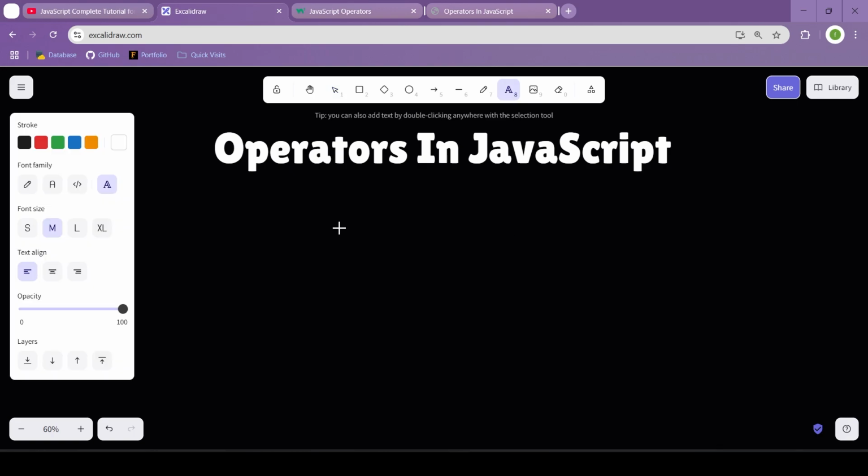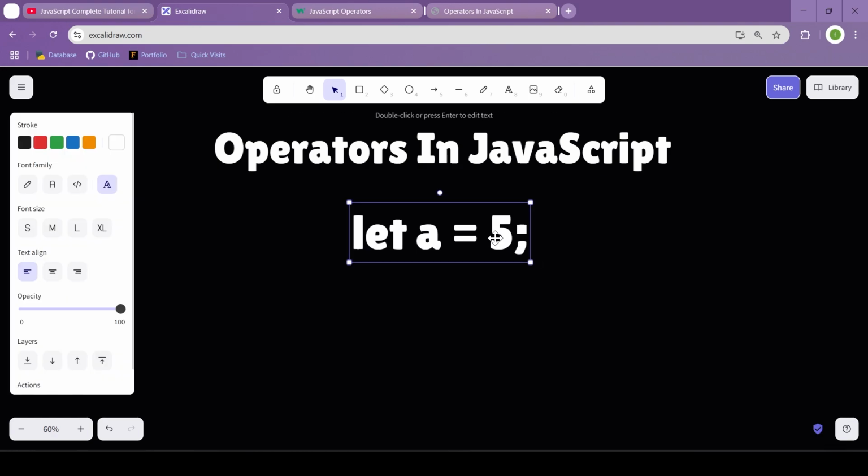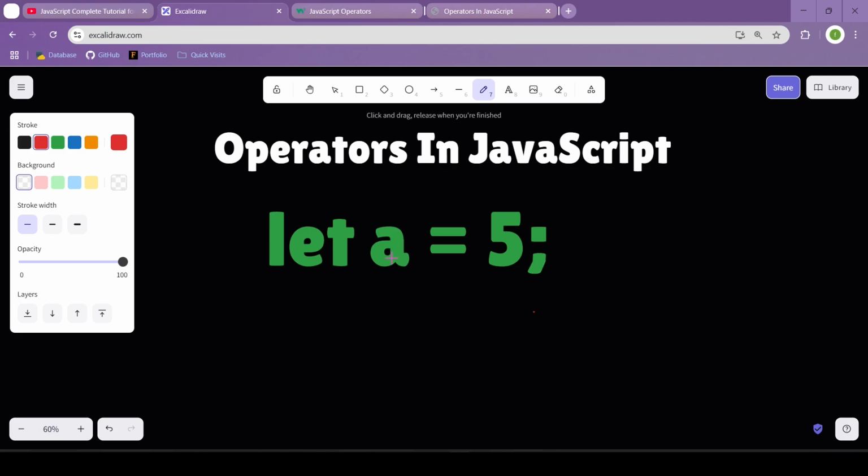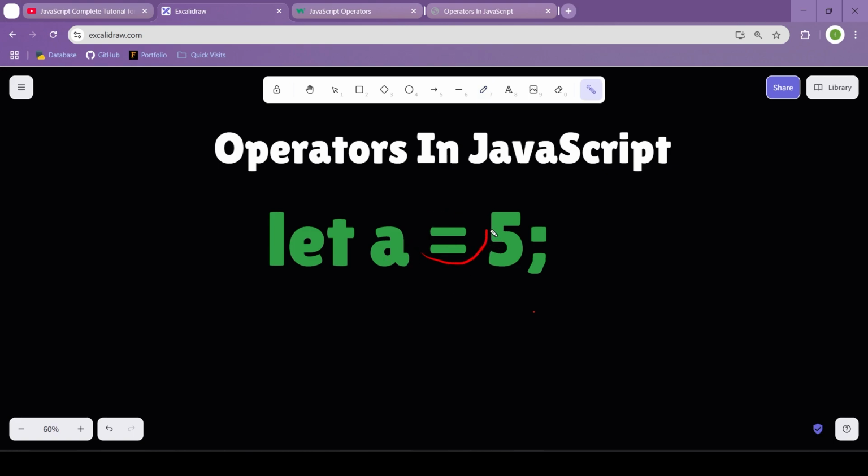So let's say we simply have let a is equal to 5. Here in this part, your equal to sign is simply your operator, and these two, your a and 5, are your operands.